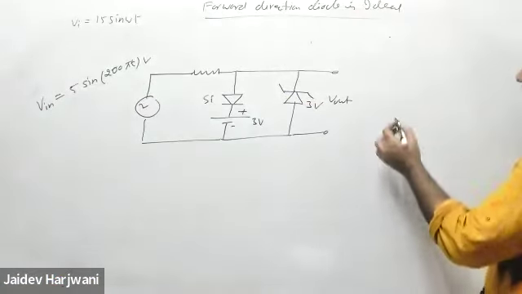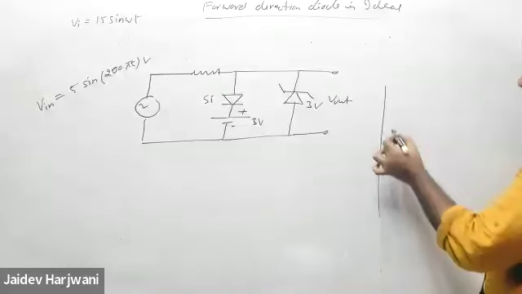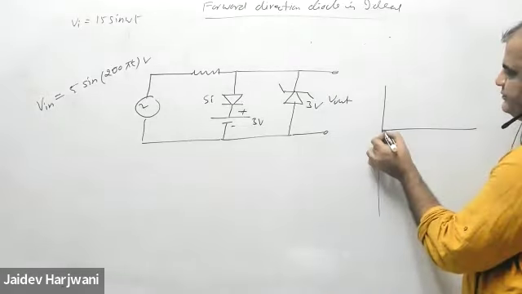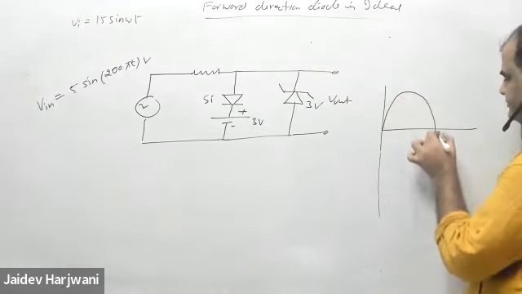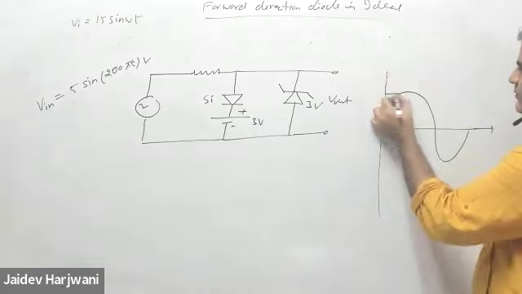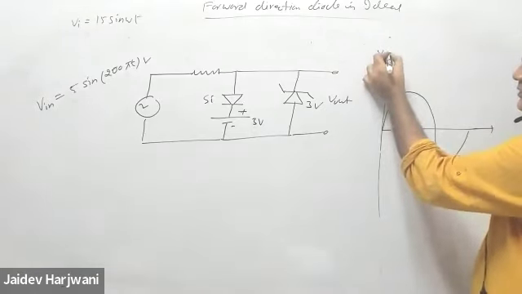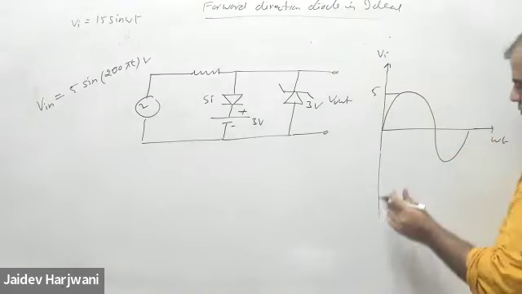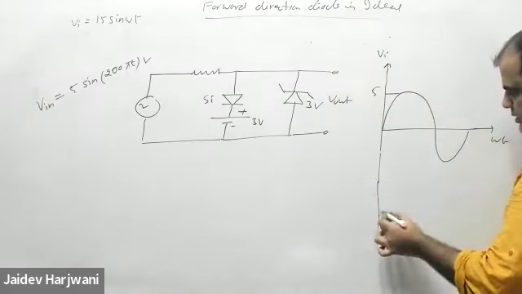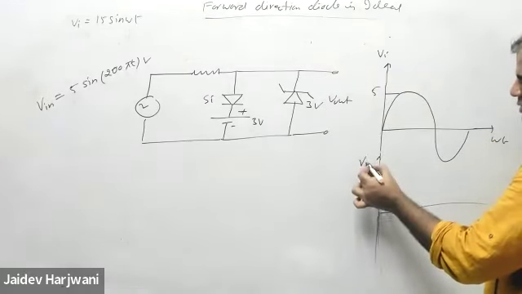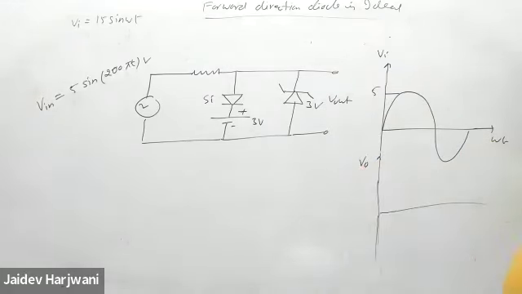So you have a sine wave of 5 sin(omega t) and you have to draw the V output.